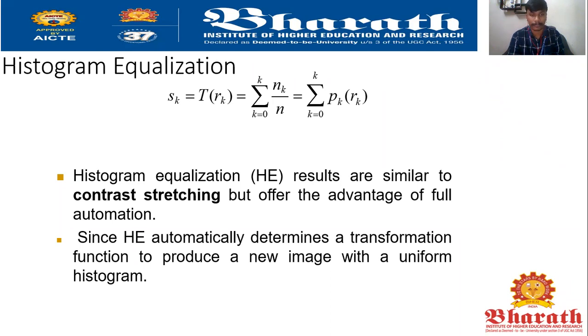Sk is equal to T of Rk is equal to the summation, k equals 0 to k, of nk divided by n, which is equal to the summation, k equals 0 to higher order k, of pk into rk. So this is known as histogram equalization, and it will result in something similar to contrast stretching.